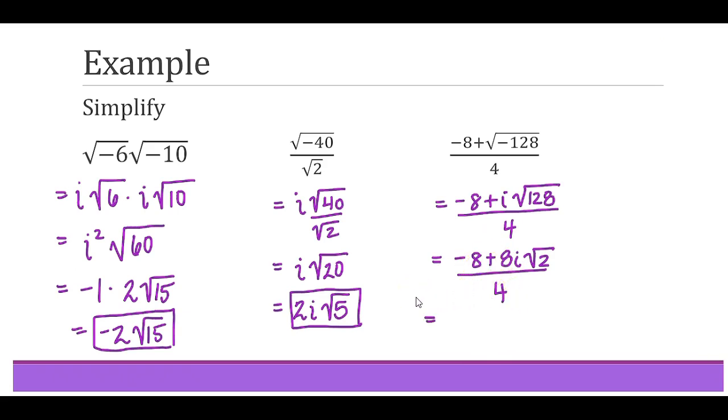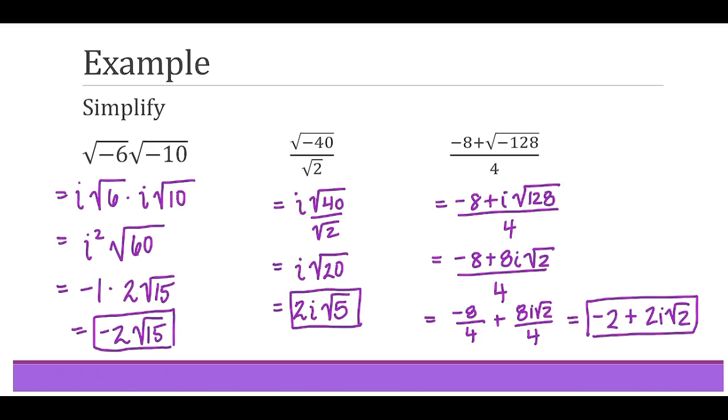So I can think about this as negative 8 divided by 4 plus 8i rad 2 divided by 4. So each term in the numerator gets divided by 4. And now each of these simplifies. So I have negative 2 plus 2i rad 2 as my simplified answer.